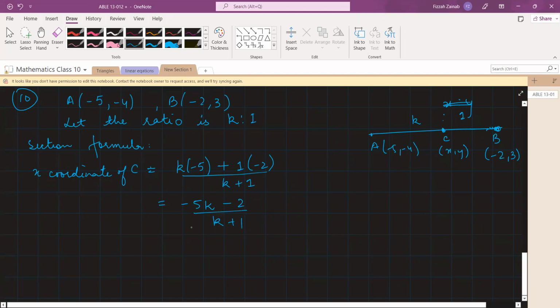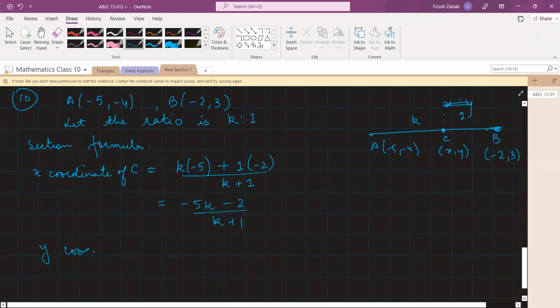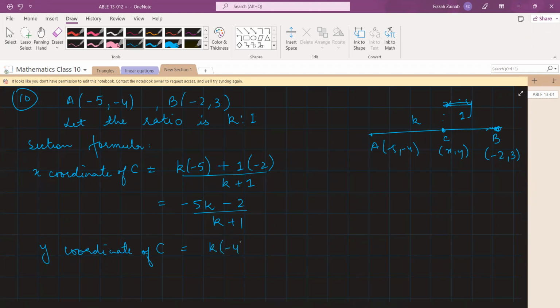And the y coordinate of C is equal to k into -4 plus 1 into 3, divided by k plus 1. So that becomes (-4k + 3) divided by (k + 1), right?